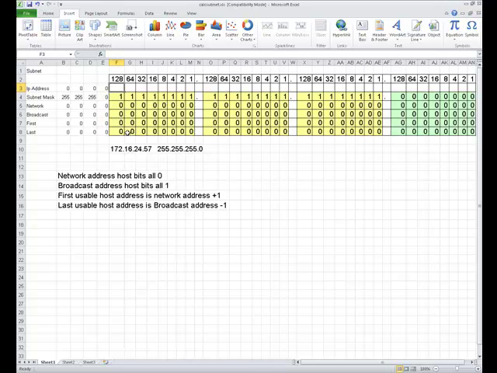To get to 172, we'll need a 1 in the 128, which leaves us somewhere around 50. If we put a 1 in the second bit, it would be 192.